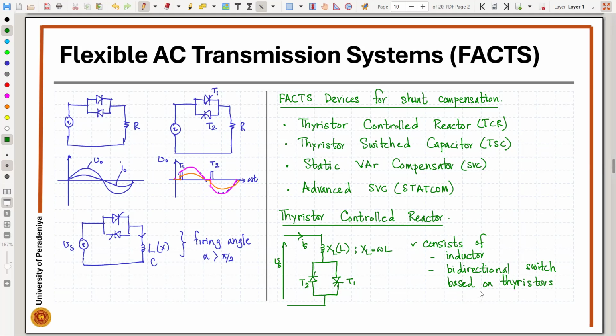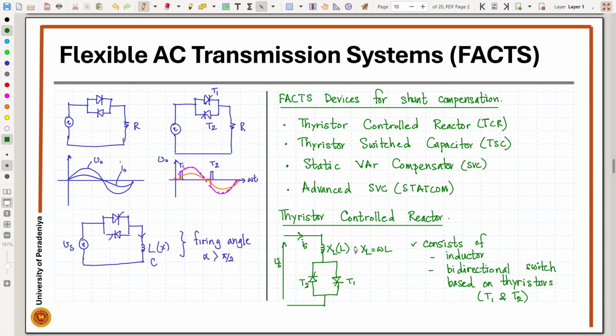T1 and T2 are going to form the bidirectional switch, because one will help to conduct in the positive, when the voltage is positive and the current positive, and T2 is going to help us to conduct during the current negative side. So what we are trying to do is change the firing angle of these thyristors, and based on that we are going to control the effective current flowing through the device.